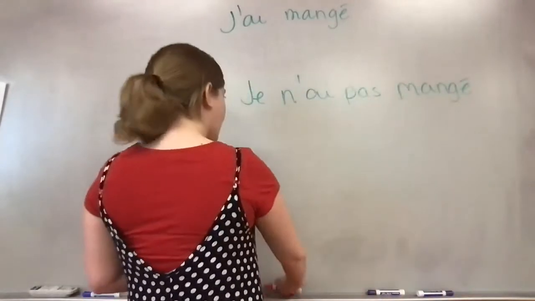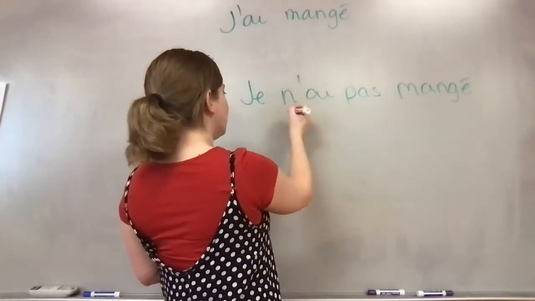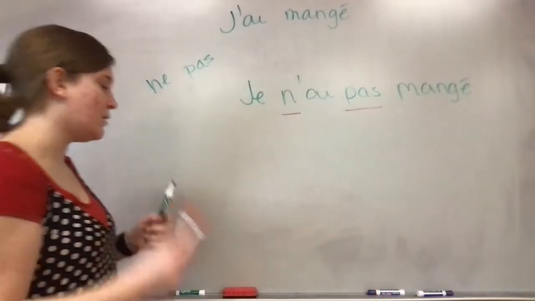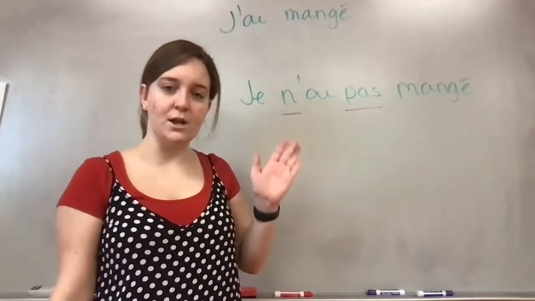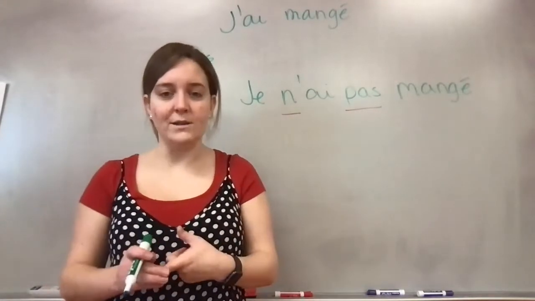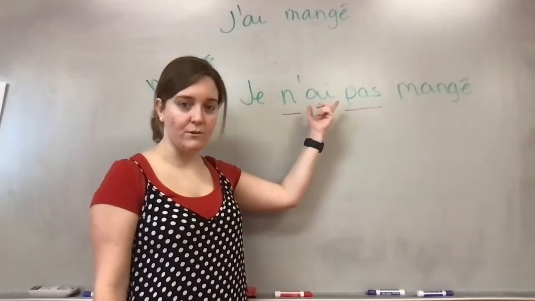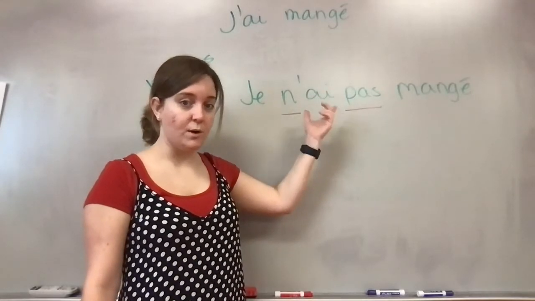So in this example here that I'm giving you, we turned I ate into I didn't eat. All right, and we have our ne and our pas that we had to add here. And just like every other conjugation that we've ever done before, present tense, futur proche, our ne and our pas are going around our conjugated verb. Simple. Something we've already seen, we should be used to and accustomed to.